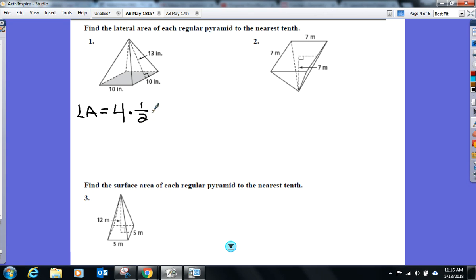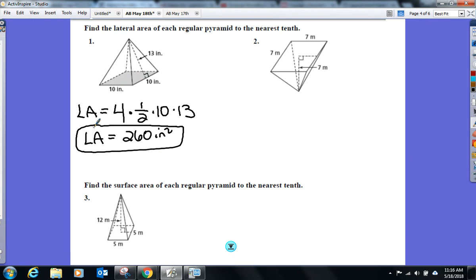So 1/2, 10 times 13 is 260 square inches.